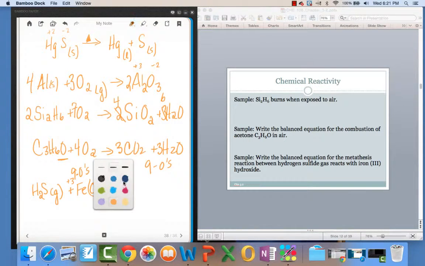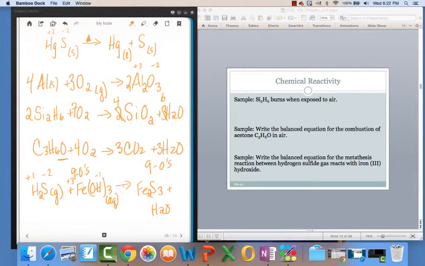So they switch partners. So remember, H is +1, S is -2. So Fe is going to hook up with the S. And this was +3, so that's going to come here. S was -2, that's going to go there. And we have H and OH, so we have water.